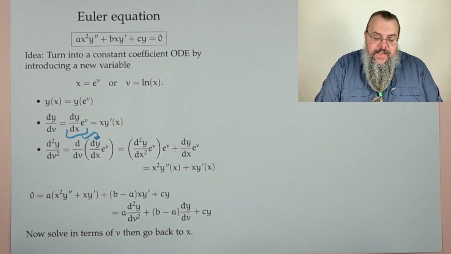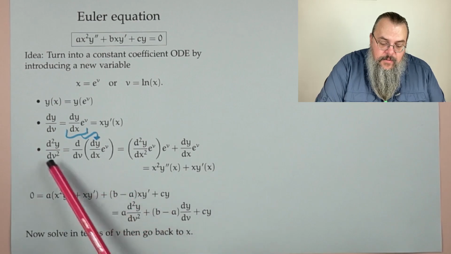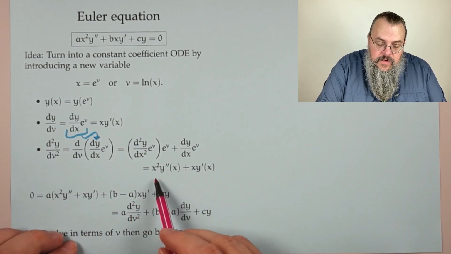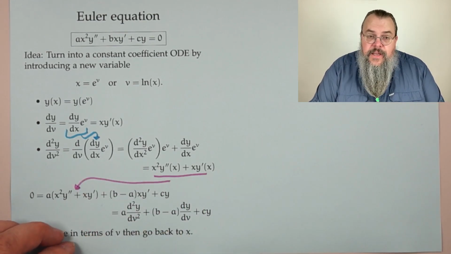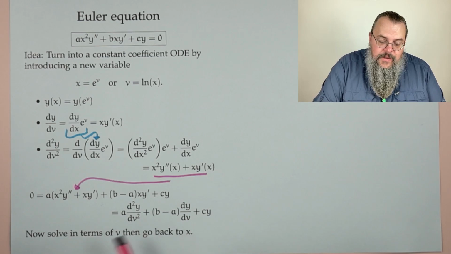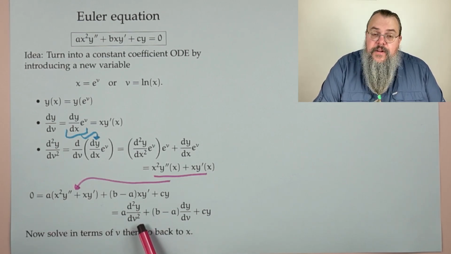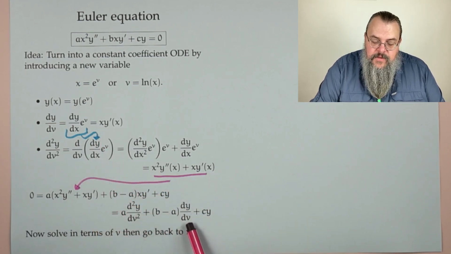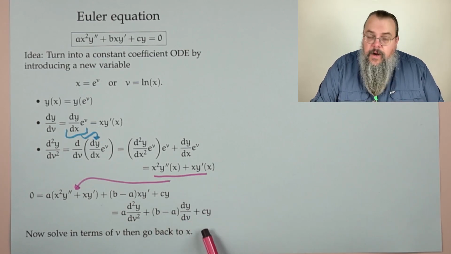Now, why rewrite it? Well, because we want to connect to what we were doing here. So this first piece, we say, look, as if it was meant to be, because it was. This becomes the second derivative of y with respect to nu. This part, well, that becomes the first derivative of y with respect to nu. And then, of course, y is y.